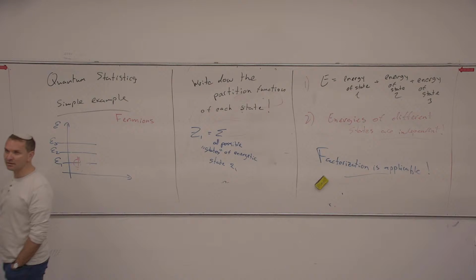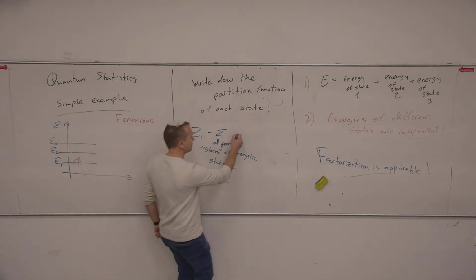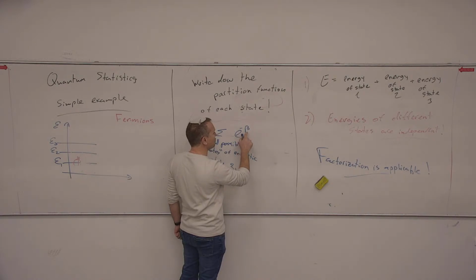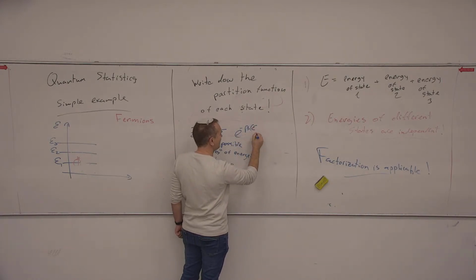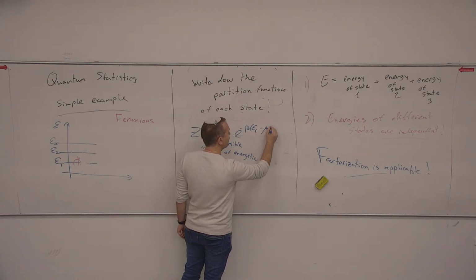What I mean by state? Now the state is how many particles are going to sit over here, right? It is still e to the power minus beta epsilon i minus mu n i.